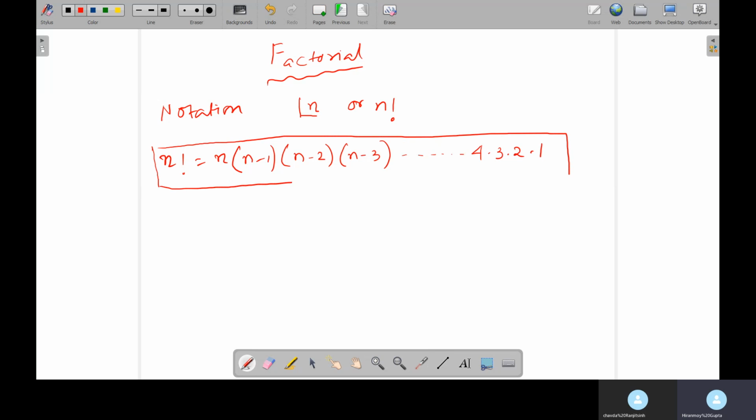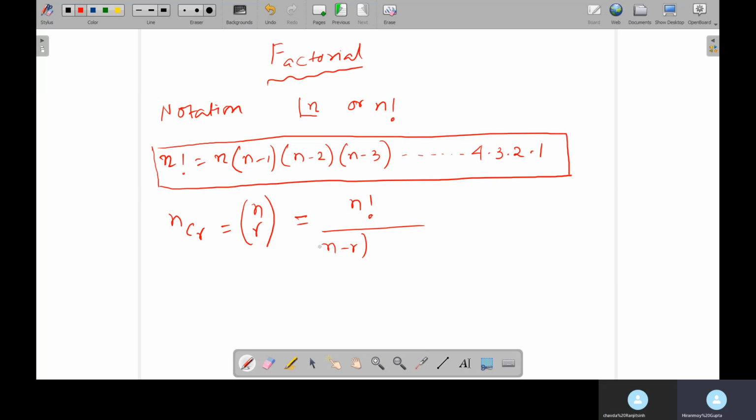Now I'm coming to the next part, as I said, that is nCr. What is nCr? Within a matrix form or within a bracket form I'm writing. The nCr formula is n factorial over n minus r factorial times r factorial.